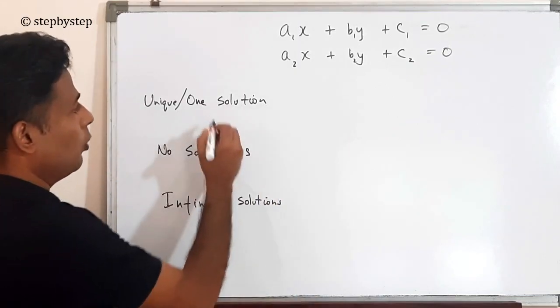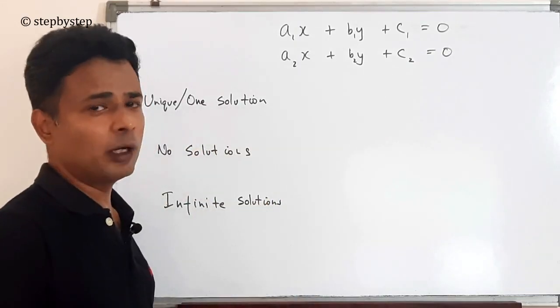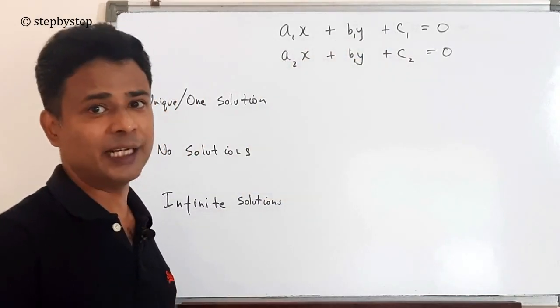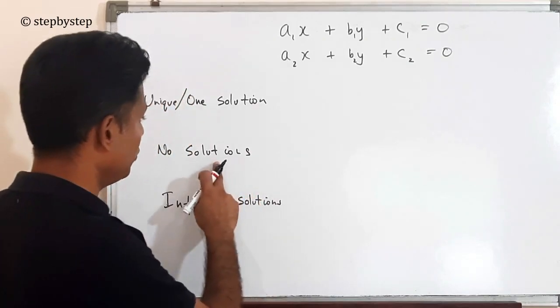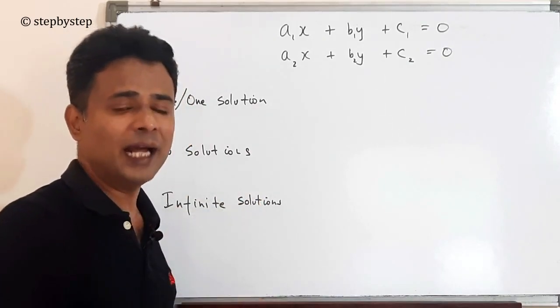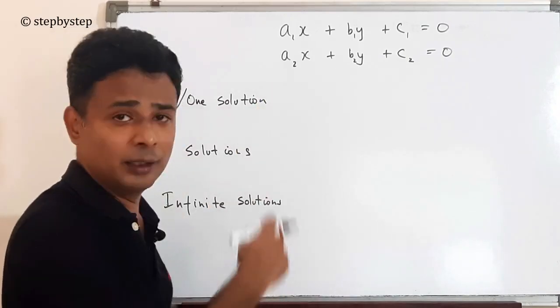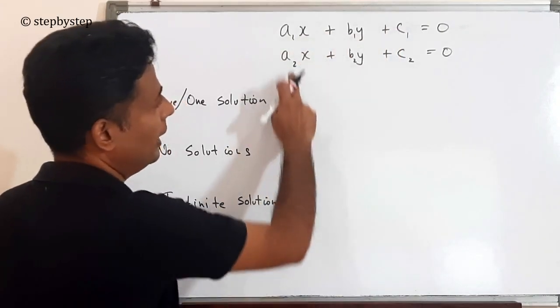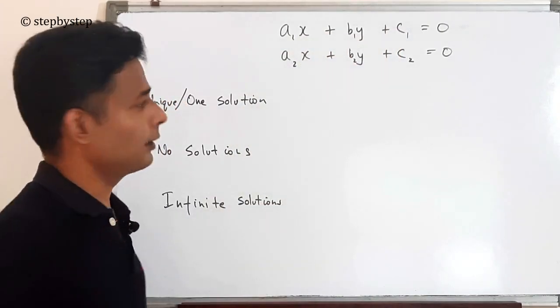Now, if I give you two equations and tell you to check whether they have a unique solution, no solutions or infinite solutions, you don't actually have to sit and solve the pair of linear equations. You can just use a1, b1, c1, a2, b2, c2 and check.